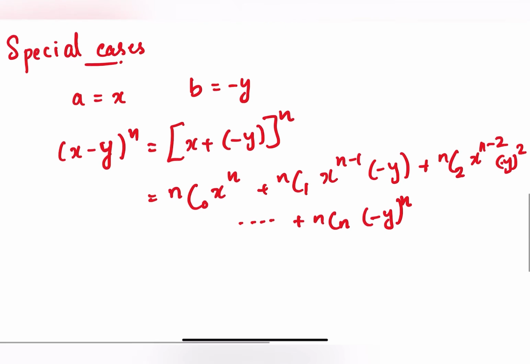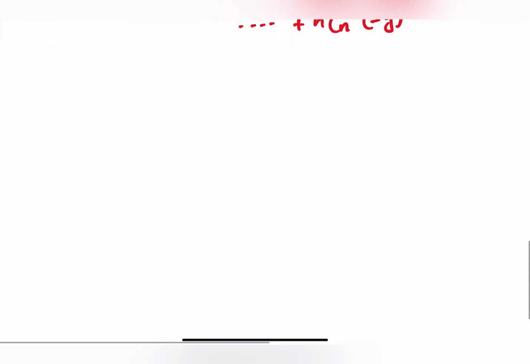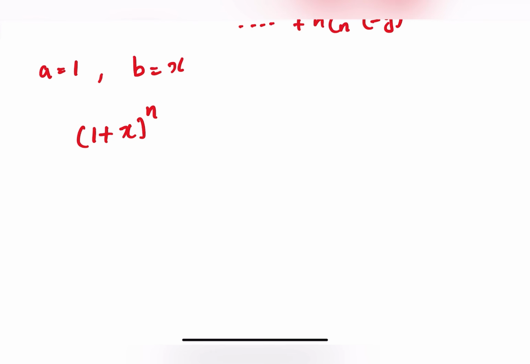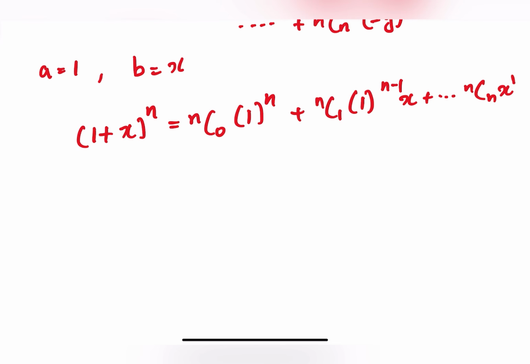Now let's take a as 1 and b as x. So here the expansion will be (1 + x)^n. That will be nC0 1^n + nC1 1^(n-1) x till nCn x^n.